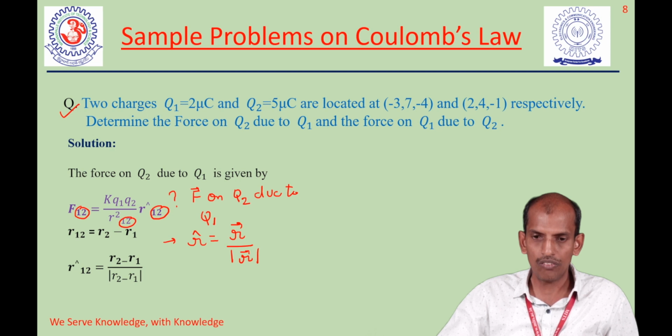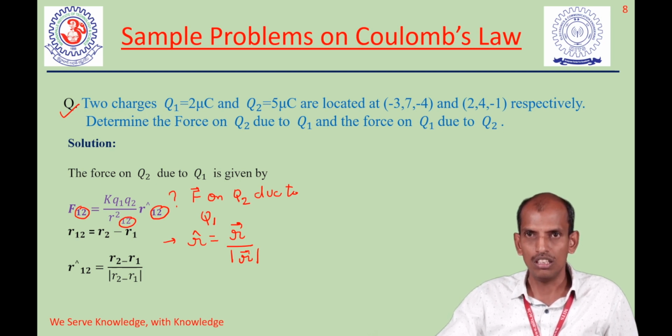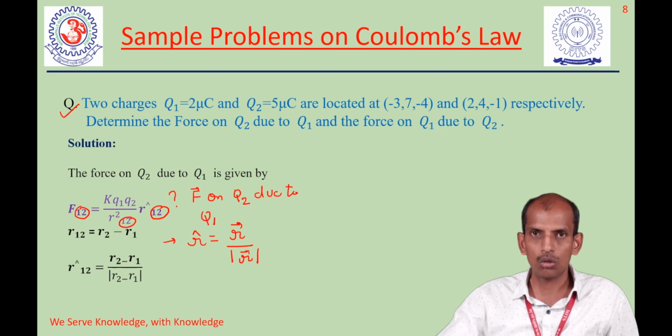Now it's very easy to find R2 minus R1. What will I write for R2? This is simply the Cartesian coordinate system. You might have studied at your school level physics that for x, y, z we write i cap, j cap, k cap. Here also we write the same, but at the engineering level we write ax hat, ay hat, and az hat.